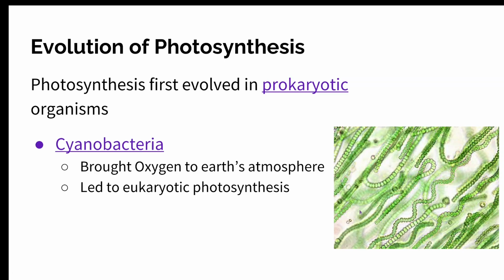So it's been around for a long time. It's a very ancient organelle. Cyanobacteria are thought to be among the first organisms to have it. They brought oxygen to Earth's atmosphere billions of years ago, and it led to eukaryotic photosynthesis.